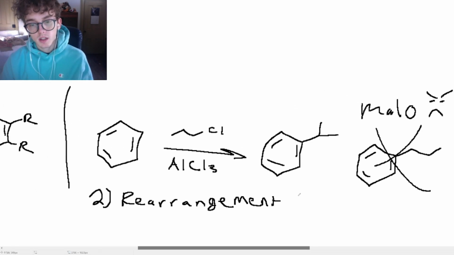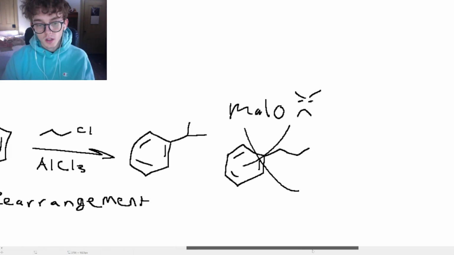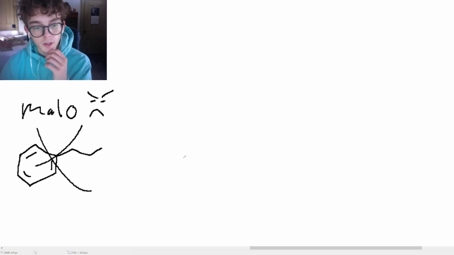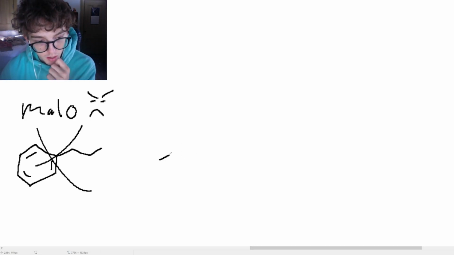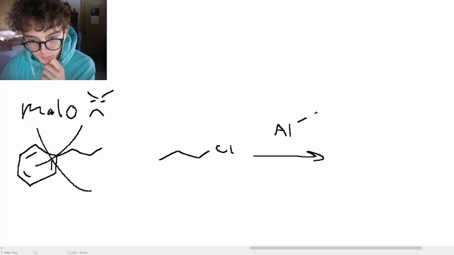The reason that we get the isopropyl group instead of this linear propyl group is, we'll show you here. Let's just take our propyl halide, and we're going to react it with that aluminum trichloride. So we have just a lone pair hanging out here, bonds to that, right?